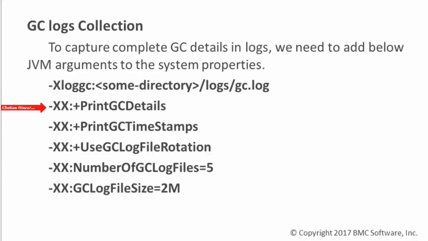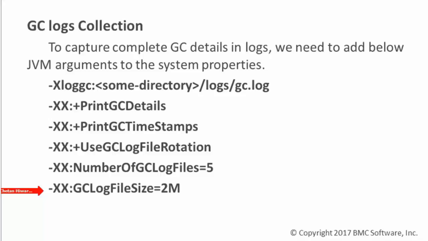The second one just enables garbage collection detail logging. The third one logs the garbage collection activity with detailed timestamps. The fourth one talks about garbage collection file rotation, the next one is for the number of files to be created for garbage collection, and the last one says the size of each file.